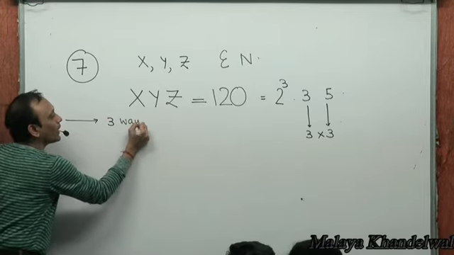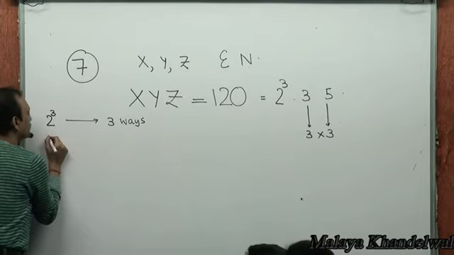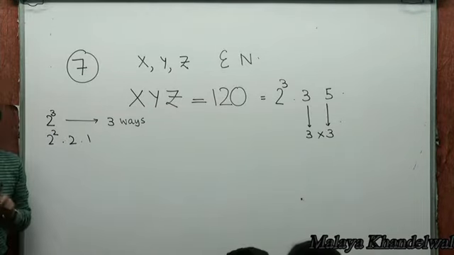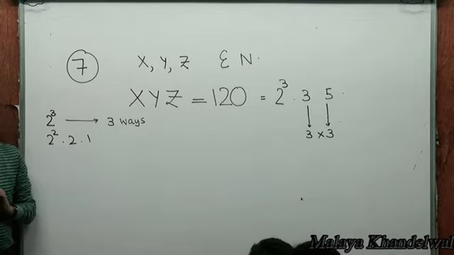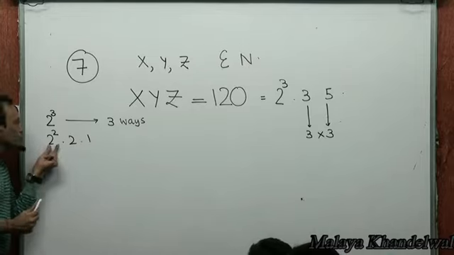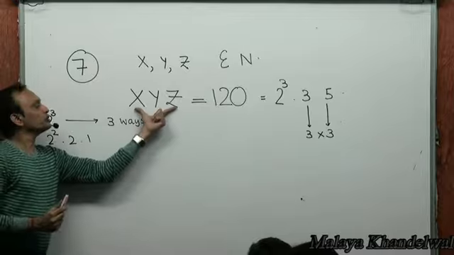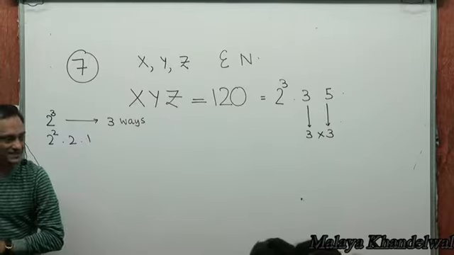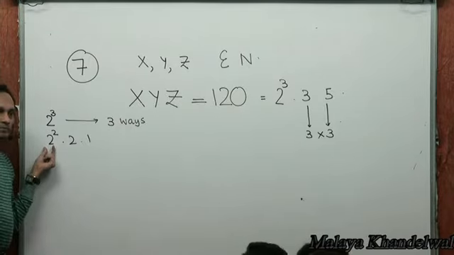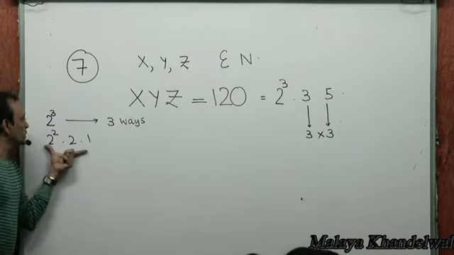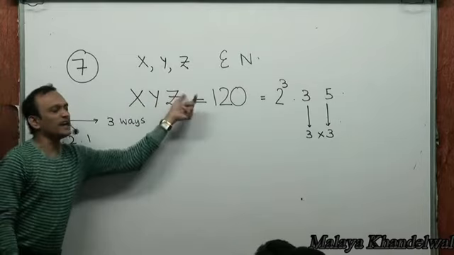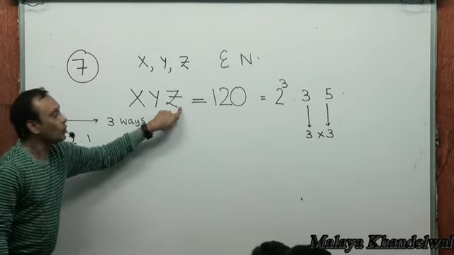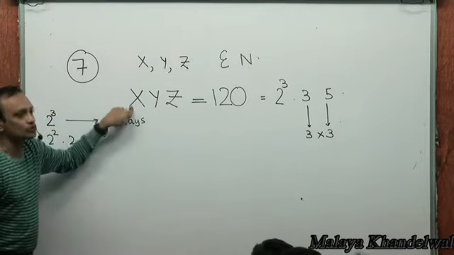So, one way to distribute 2 cubed to X, Y, Z is 3 ways. Either to X or to Y or to Z. Or I could have written 2 cubed as 2 squared into 2 into 1. Yes or no? 2 squared, 2 and 1. Now these 3 could be permuted amongst X, Y, Z in how many ways? 3 factorial ways. 2 squared given to this, 2 to this, 1 to this, or 1 to this, 2 squared to this, 2 to this.